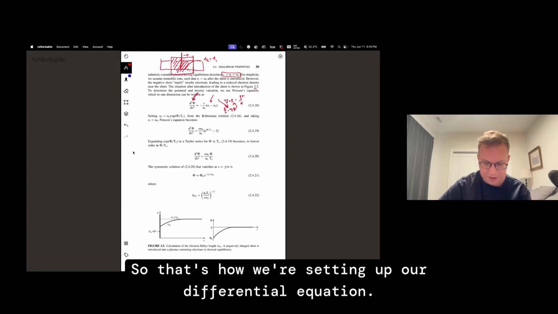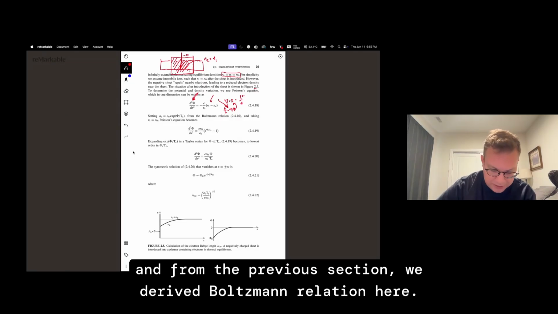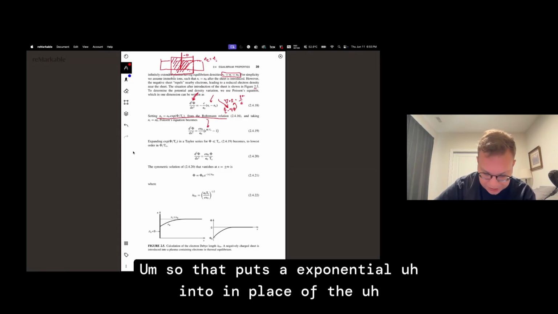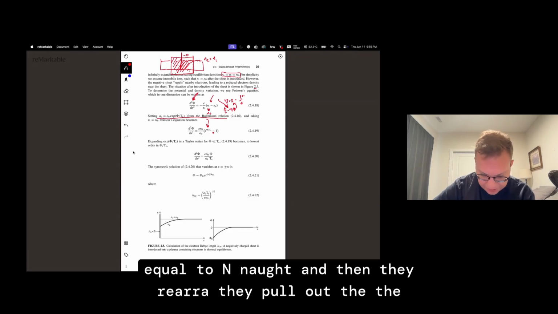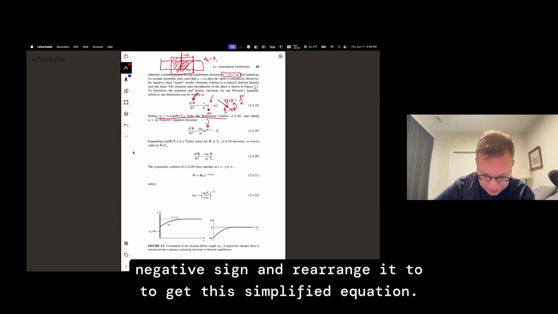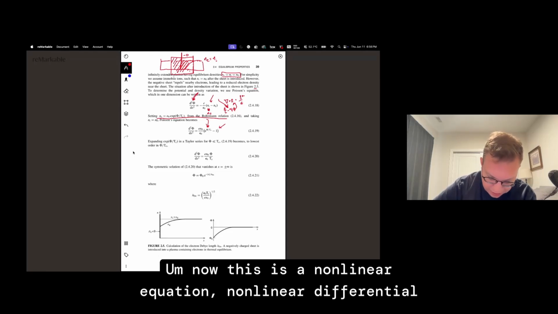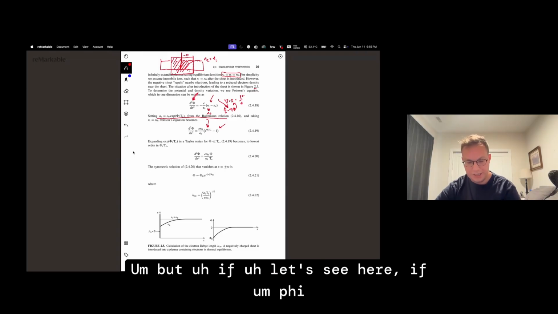So that's how we're setting up our differential equation. And from the previous section, we derived the Boltzmann relation here. So that puts an exponential in place of Ne, which allows us to plug in for Ne, and Ni is just equal to N naught. Then we pull out the negative sign and rearrange it to get this simplified equation. Now this is a nonlinear differential equation.